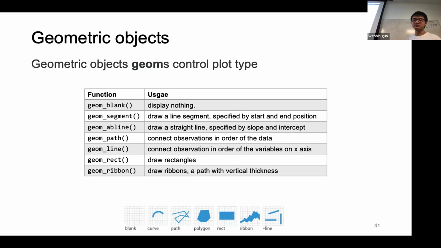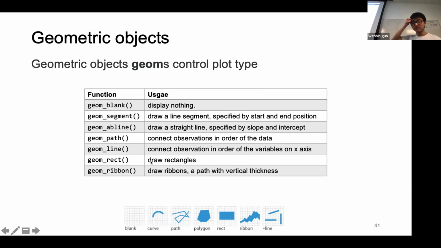And if you just want to show the observations according to the location on the x-axis, you can use a geometry line. Later in the tutorial we will see the difference between geometry path and geometry line. So if you want to draw a rectangle in your plot, you can use the geom-rect.